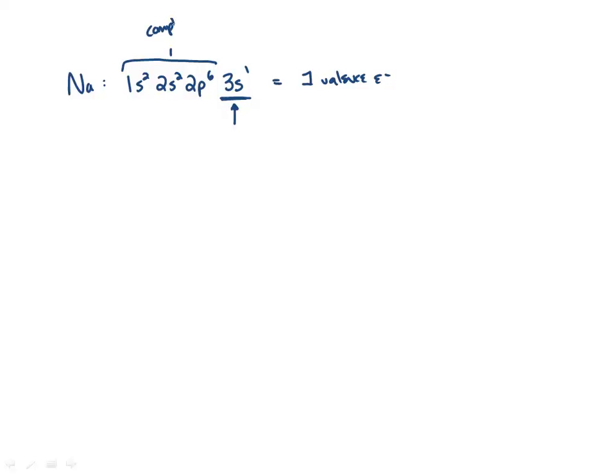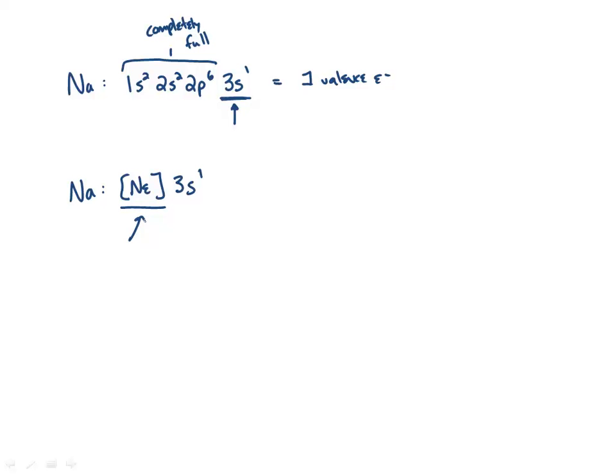So for instance, if I pick on sodium, we've already done that one. That's 1s2, 2s2, 2p6, 3s1. And so what we say is that that has one valence electron, because there's one electron in its outermost orbital, meaning that these orbitals here are completely full. And remember, we can also write sodium like this. We said that it can be neon 3s1.